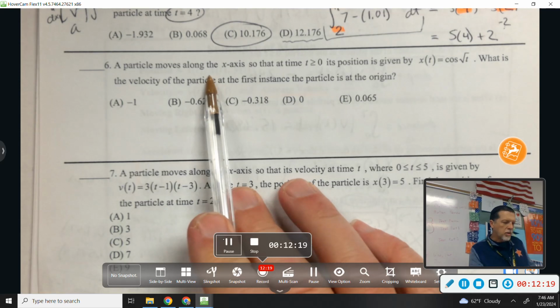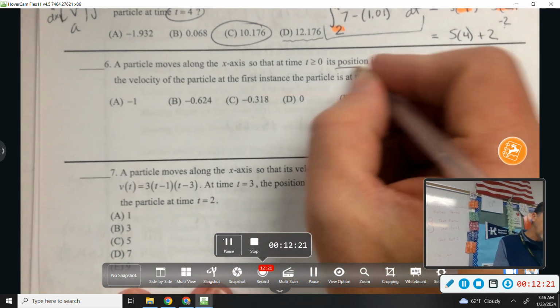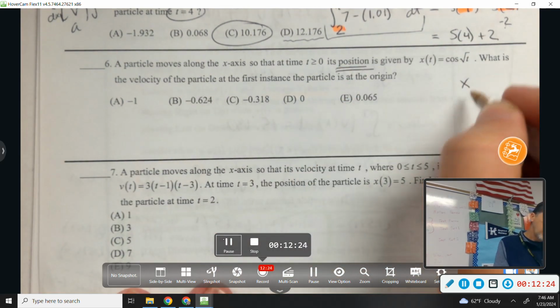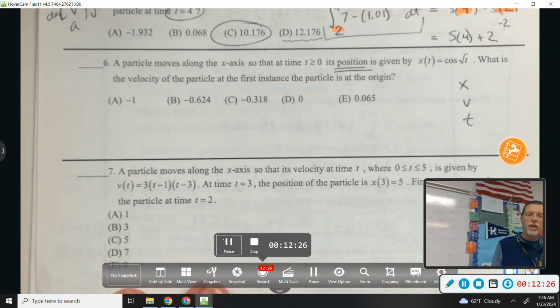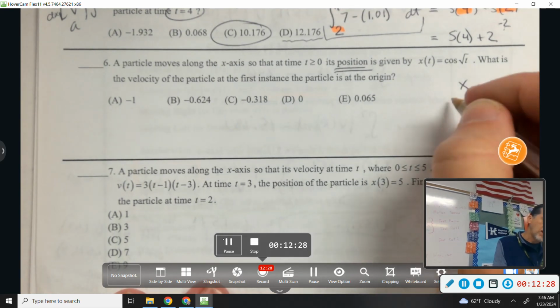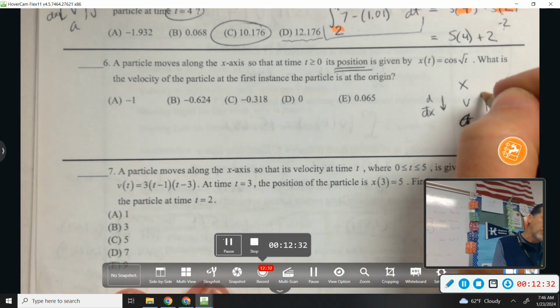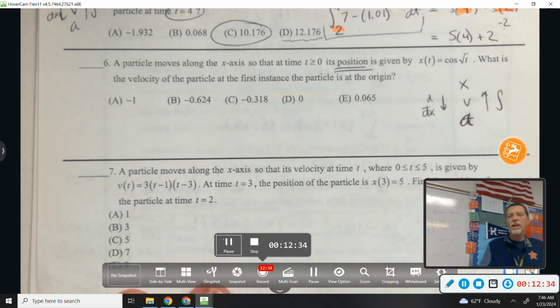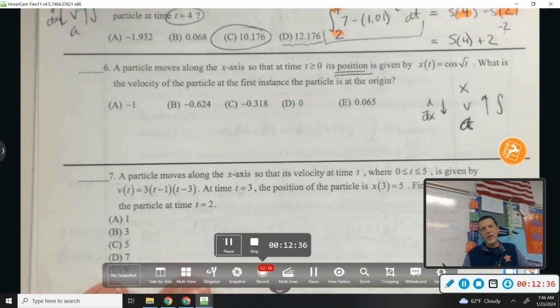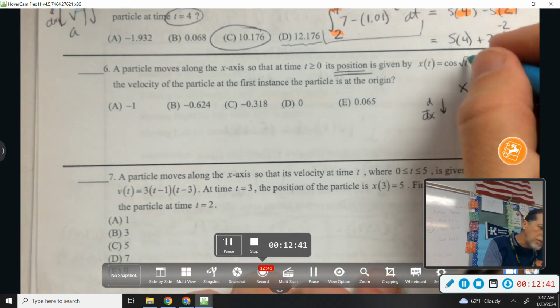Number 6, a particle moves along the x-axis so that its position, not x of t, x of a. Again, I don't know that this is really even necessary for this problem, but this is how I think of it. Take a derivative, move down the steps, take an antiderivative to move back up. So it's given me position.